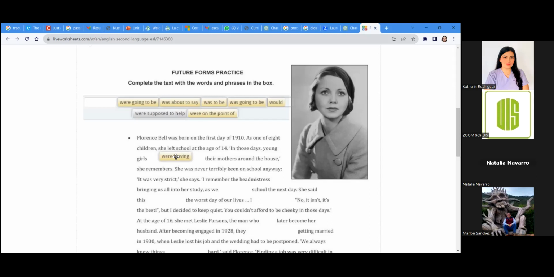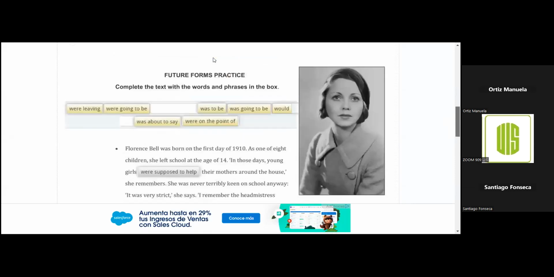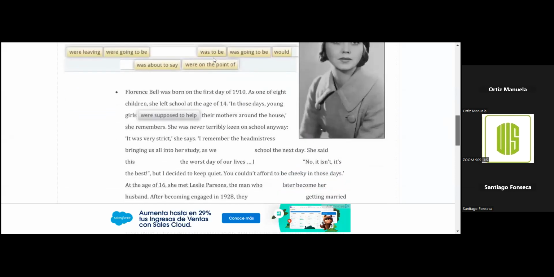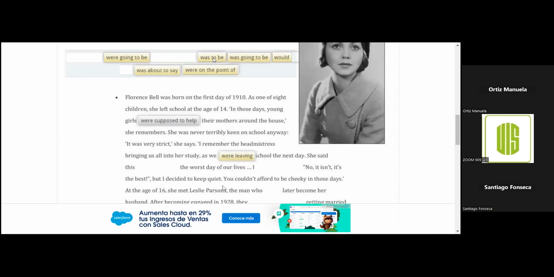I'm not sure. Okay. All into her study as we school the next day. As we were leaving, maybe, as we were leaving school the next day. But well, remember that head mistress bringing us all into her study as we were leaving school the next day.